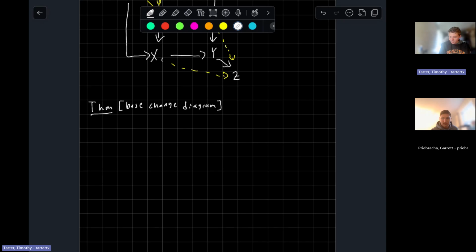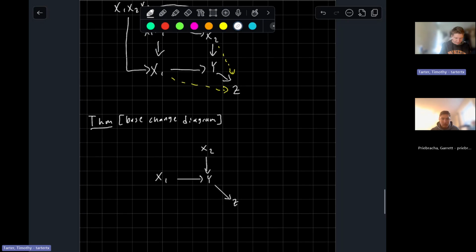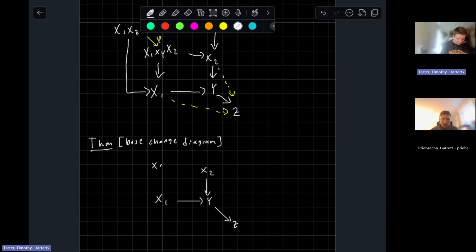So suppose we were given morphisms x1 and x2 into y and y into z. And then we have a Cartesian square where we have the fiber product of x1 through y with x2.